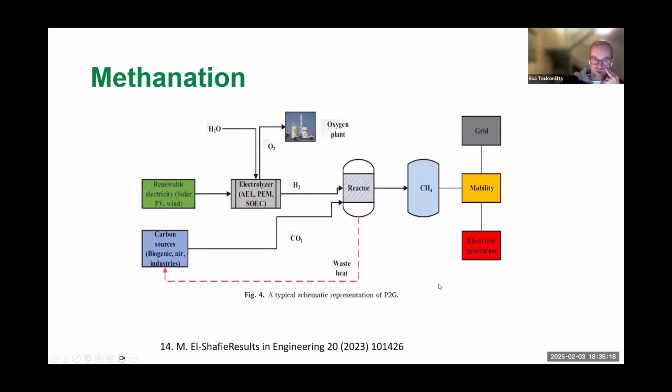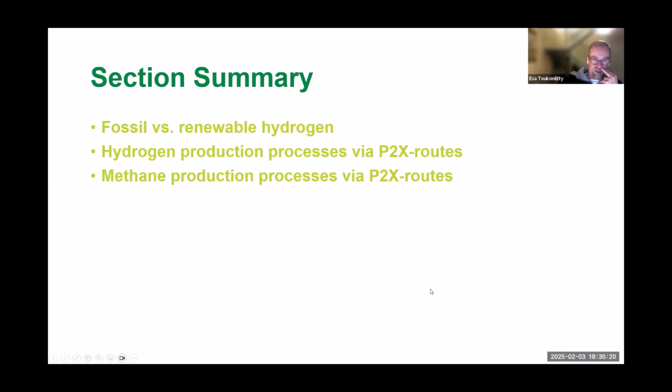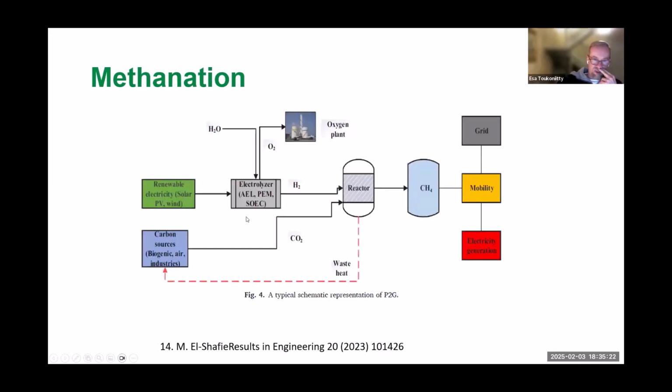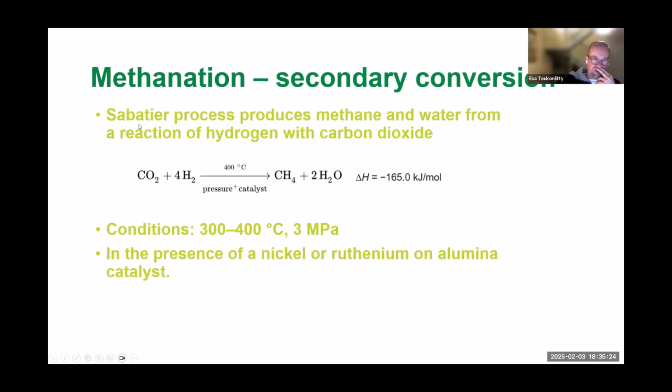So here is the bigger picture. If we want to do this Sabatier process in the context of power to X, this is that classical secondary conversion where we get these problematic raw materials, carbon dioxide from the air or some other sources, and hydrogen from the electrolysis of water.